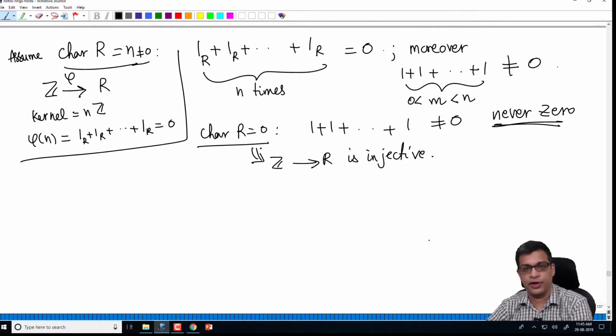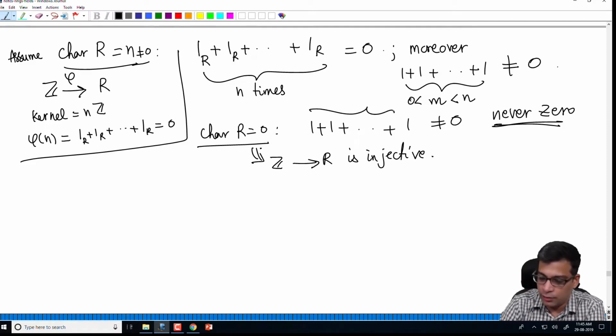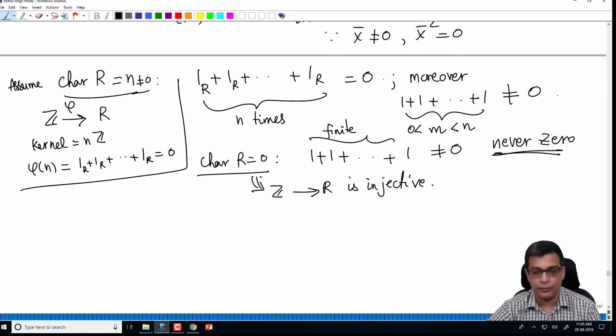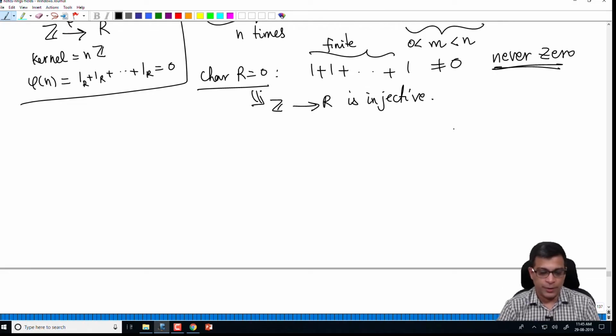So when you take phi of n, it is non-zero; phi of any number is non-zero, which means 1 plus 1 plus 1, any finitely many times, is never 0. So this is one good way of keeping track of the characteristic of a ring.